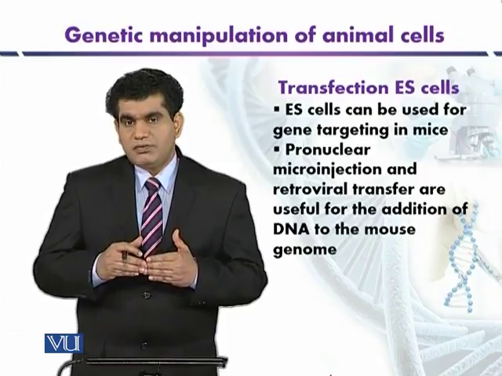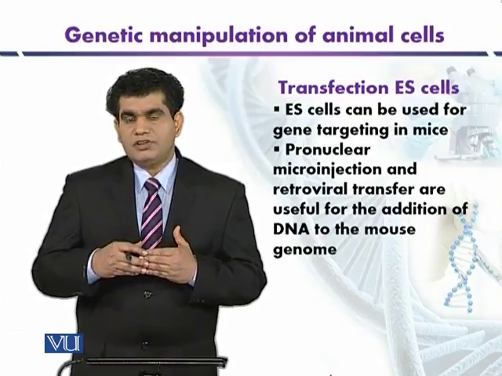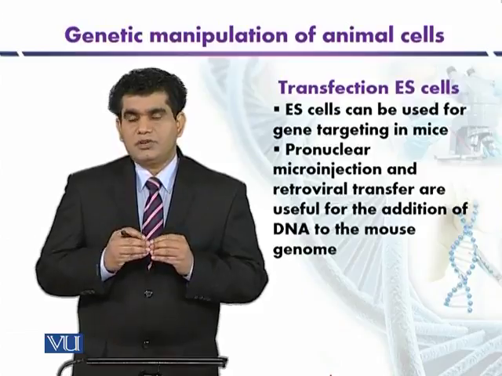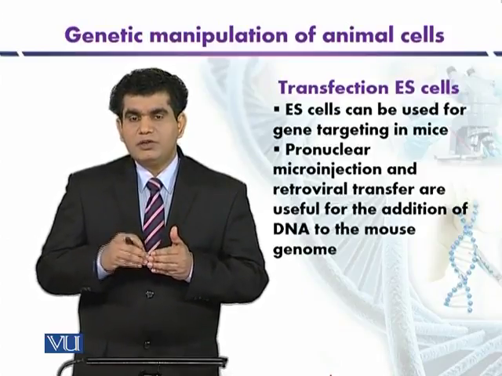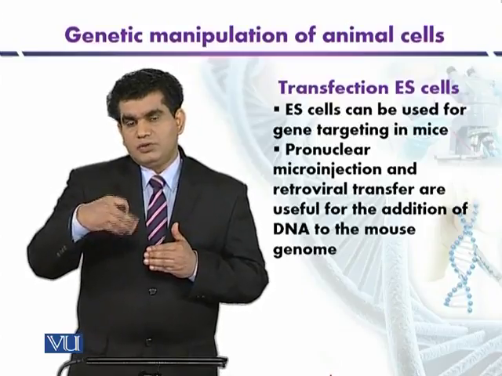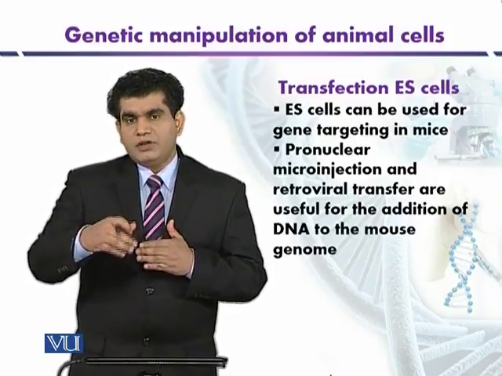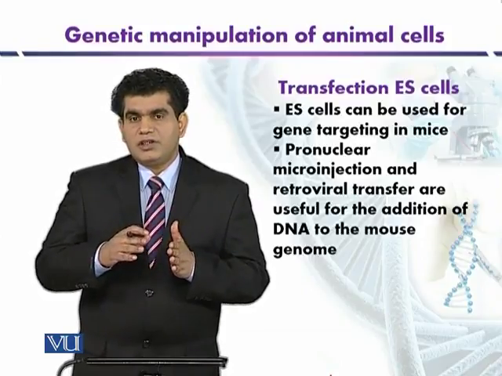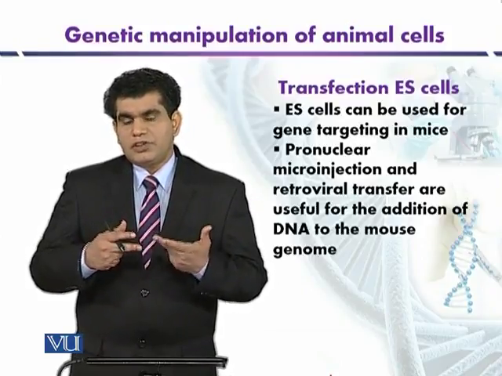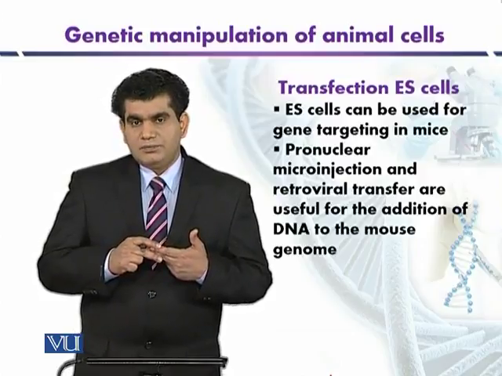Whereas in case of embryonic stem cells transfection, कि जब ट्रांसफेक्शन हो जाती है सेल्स की, ES सेल्स की या एम्ब्रियोनिक सेल्स की, तो हम उसको जो सिस्ट है, ब्लास्टोसिस्ट की जो कैविटी है उसमें हम सेल्स को शिफ्ट करते हैं. तो इस तरह से दो सोर्सेस से सेल हमारे पास आ जाते हैं.